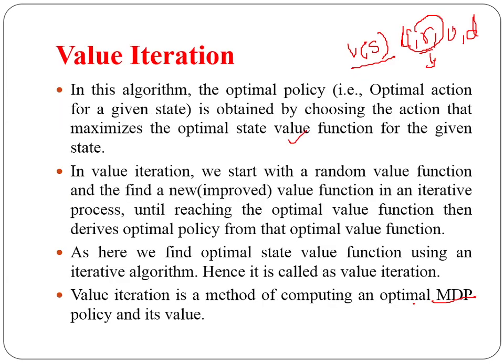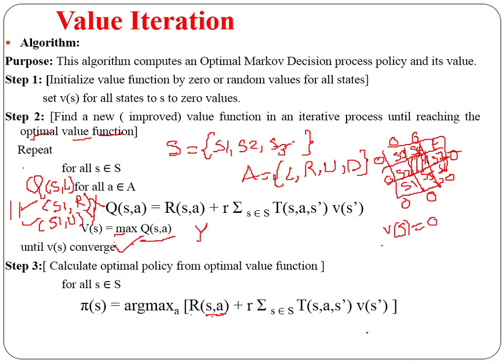We take the transition probability of moving from state S to S dash by performing an action A. Here we take the updated values of each state, multiply with the reward value you are getting for each step, and add accordingly, so that you will get the policy here.